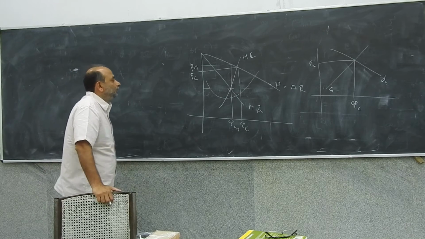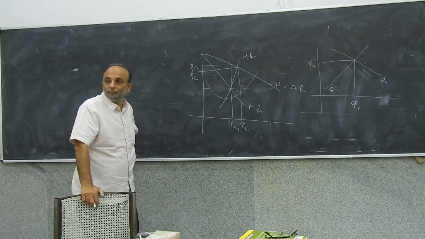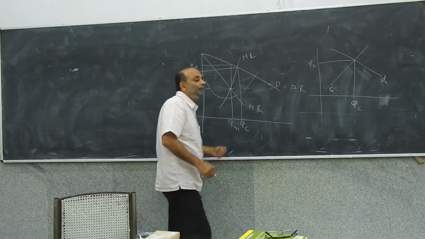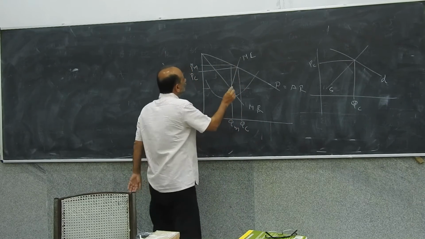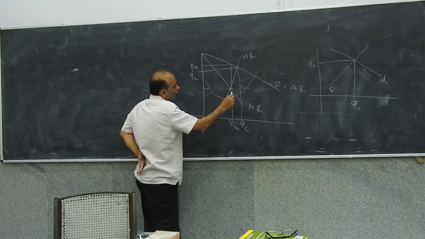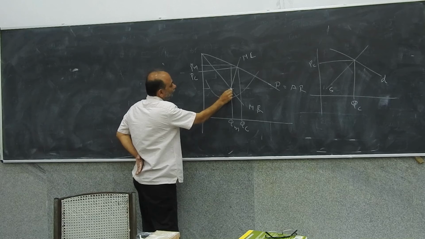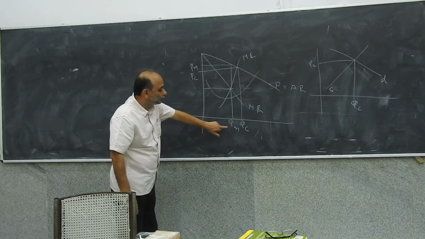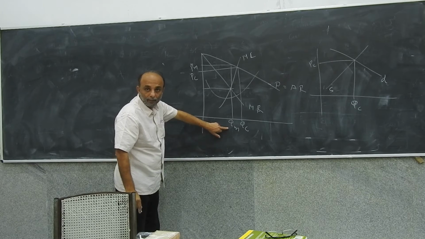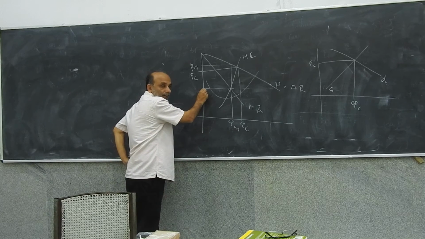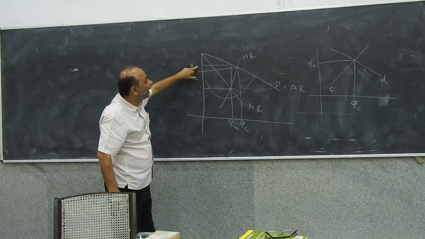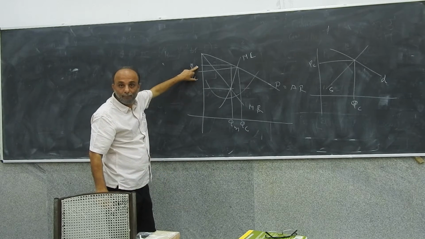Yeah, but so what? So there is optimum resource allocation. No. What is happening here is, look at this. How much is it costing the monopolist to produce QM? This much. Whereas, how much is the consumer valuing it at? PM.